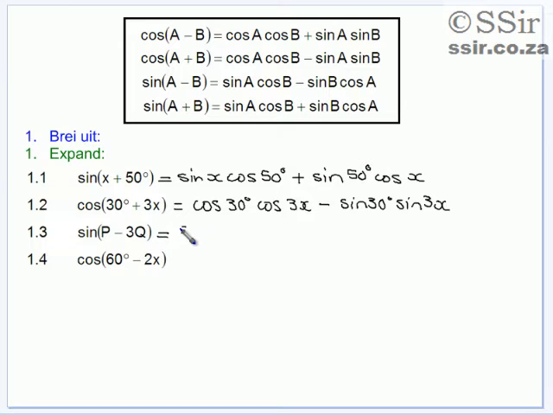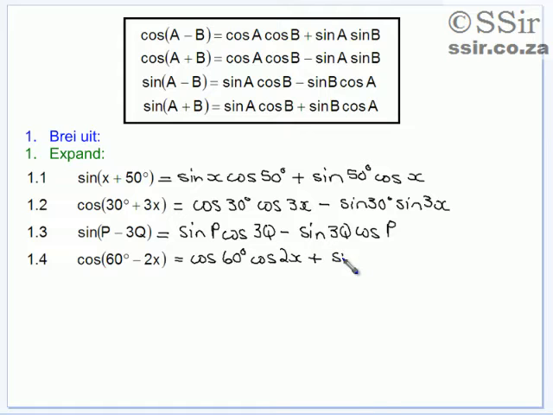This will be sine of p times cos of 3q minus sine of 3q times cos of p. The last one, cos of 60 minus 2x, that's our first formula, becomes cos of 60 times cos of 2x plus sine of 60 times sine of 2x.